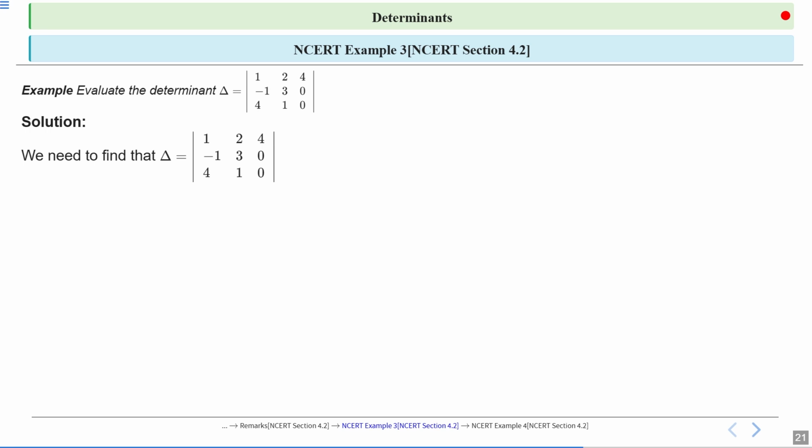So we need to find the determinant of [1 2 4; -1 3 0; 4 1 0].